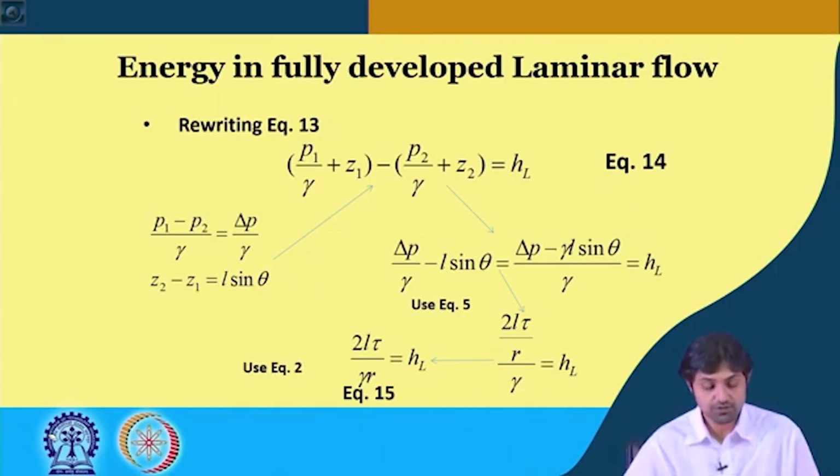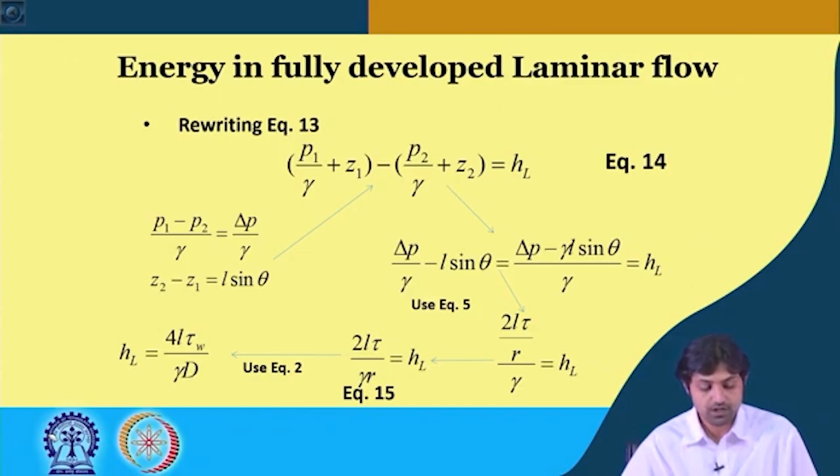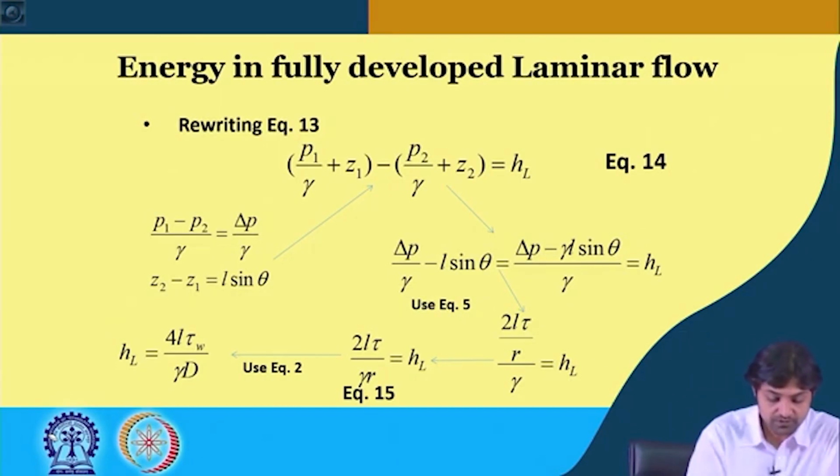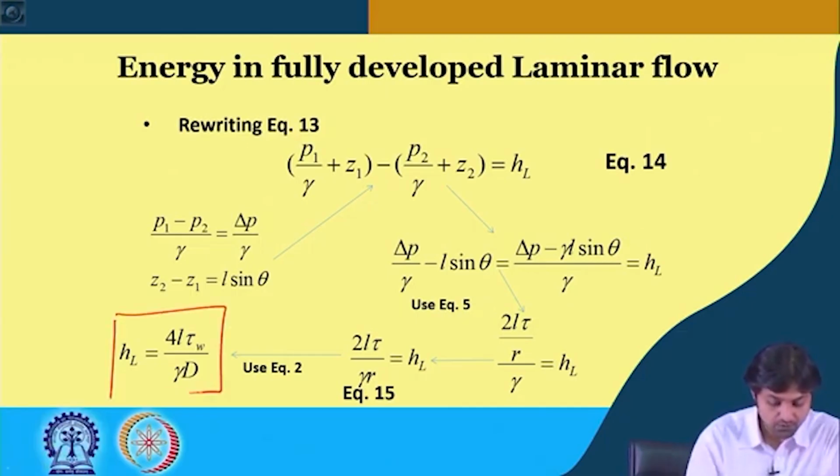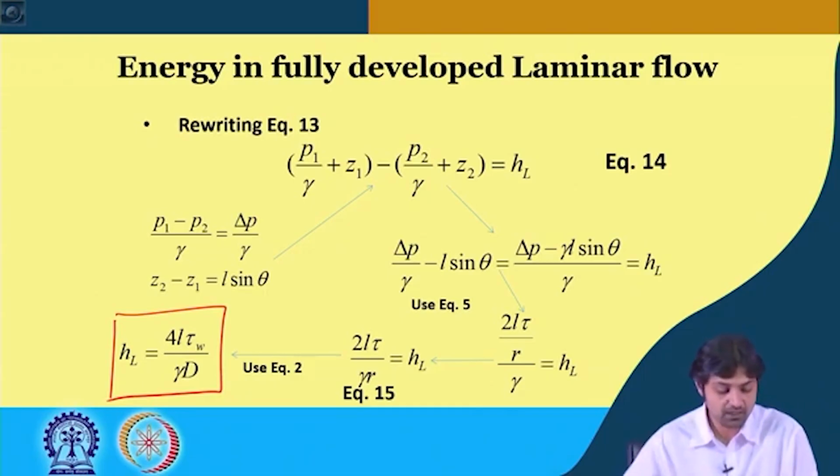Now, if we use equation number 2, which was using the wall shear stress, and substitute tau in terms of wall shear stress and R, we will get head loss as 4 L tau W by gamma D. So, this is a quick formula for obtaining the head loss in terms of wall shear stress, length of the pipe and diameter of the pipe.